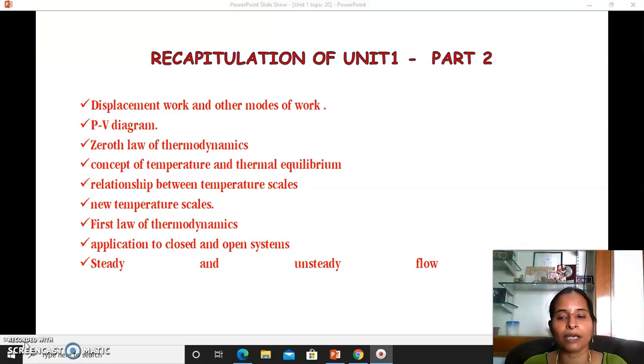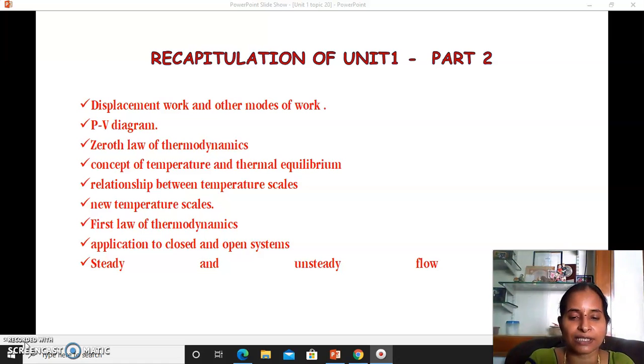Mass will not remain constant, that is, the law of conservation of mass cannot be applied to unsteady flow processes, because with respect to time the flow properties keep on changing. The process of emptying and filling a vessel represents unsteady flow and is taken as adiabatic.